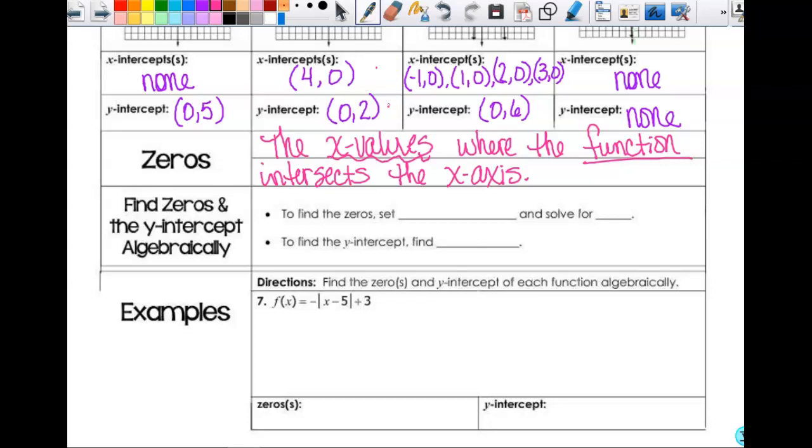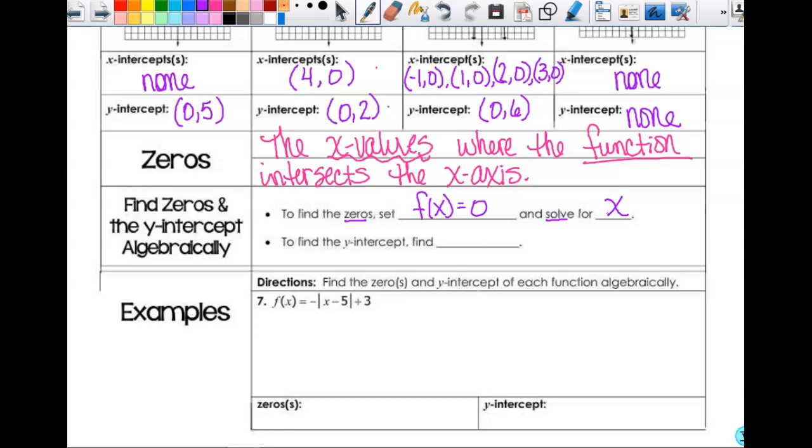So, to find the zeros, it's where it crosses or intersects the x-axis. That means that y is 0, but we're talking functionally here, so that means f of x equals 0. You set f of x equal to 0 and solve for x.